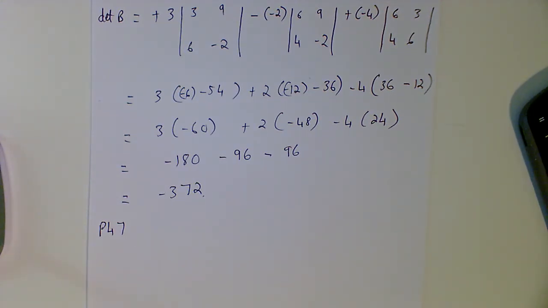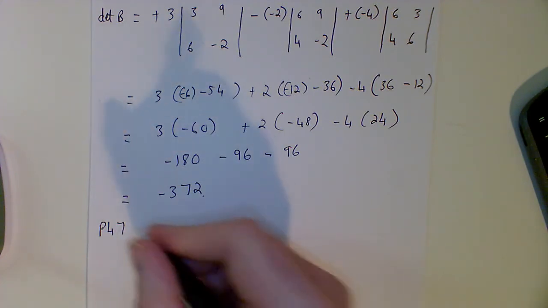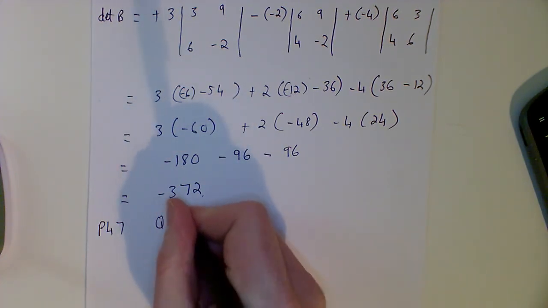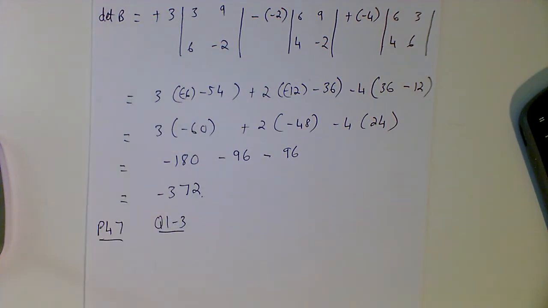So, page 47, I want you to try question numbers 1 to 3. And again, the answers are at the back of that book, if you want to try it.